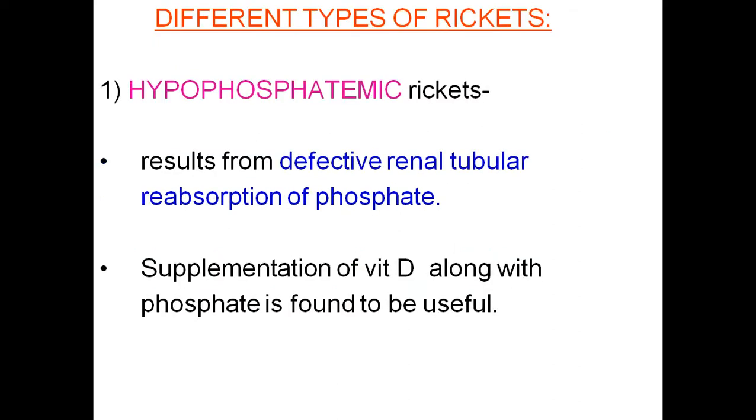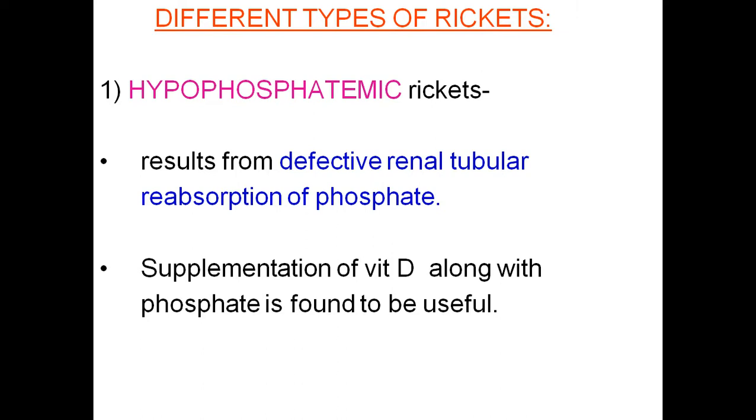Now, the different types of rickets. It can be hypophosphatemic rickets. It results from defective renal tubular reabsorption of phosphate. In the renal tubules, the phosphate is not reabsorbed properly.